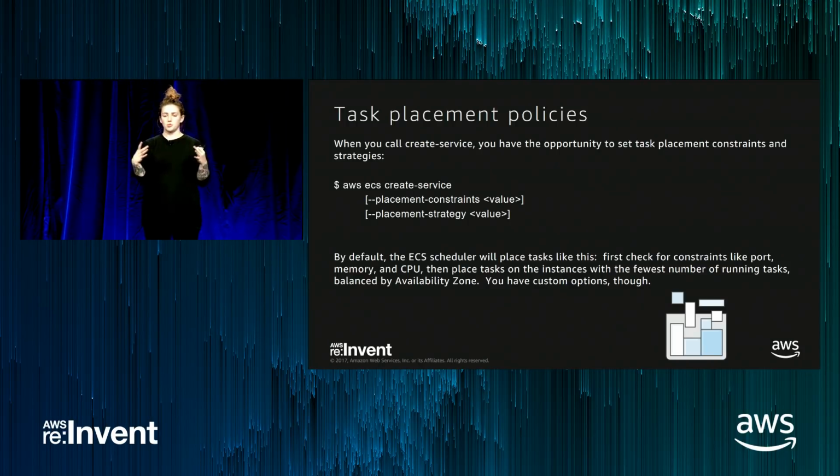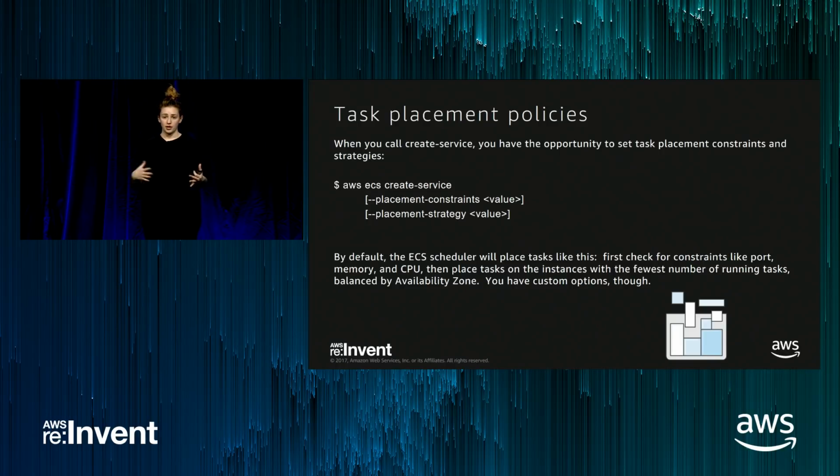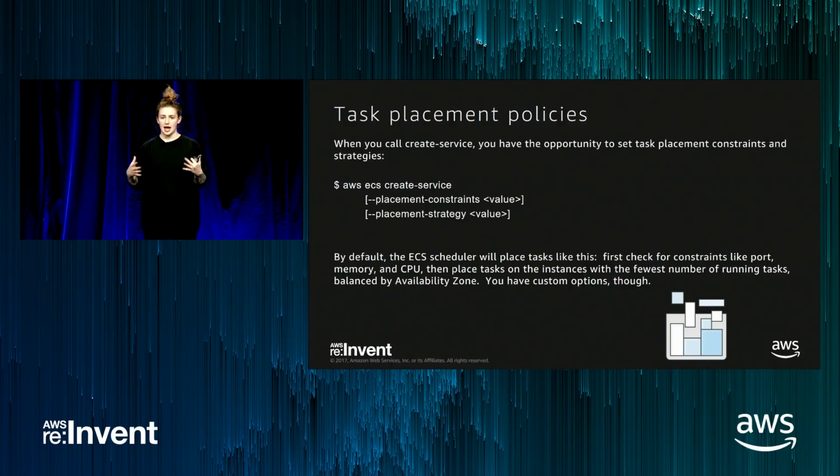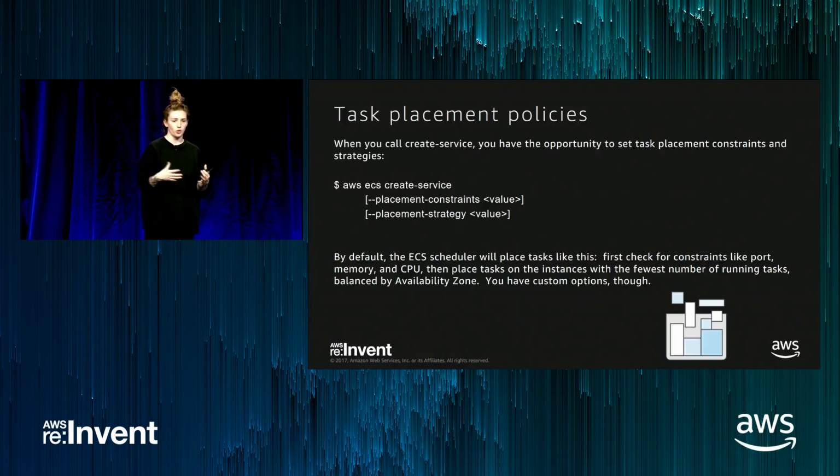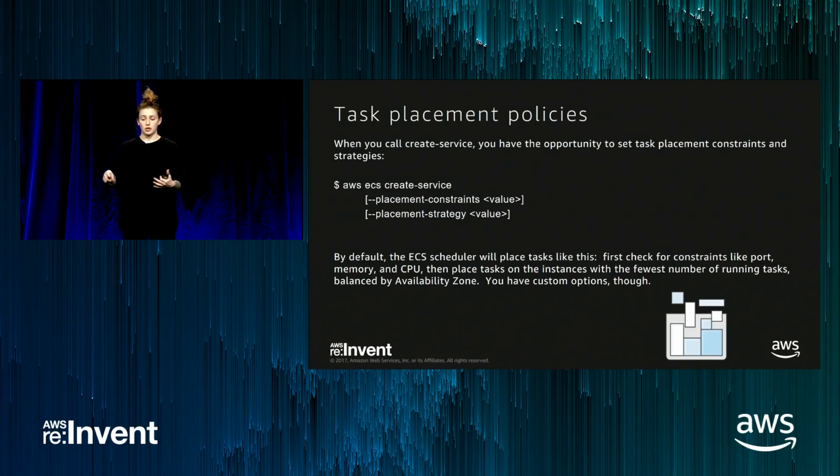I have a principle, I think, for ECS, and whatever orchestration tool you end up using. The first one is that I want to be able to customize things when I need to. But if I don't want to customize, I want to know that I can rely on a sensible default, so that someone else has done some research and chosen something that's going to work well for a lot of use cases. So I think that holds true for task placement policies too.